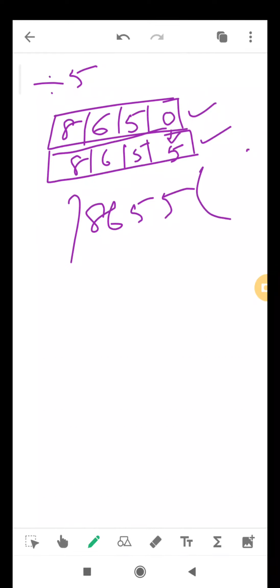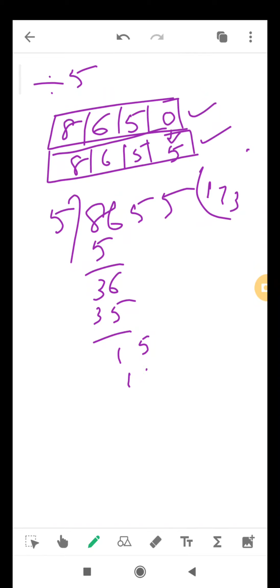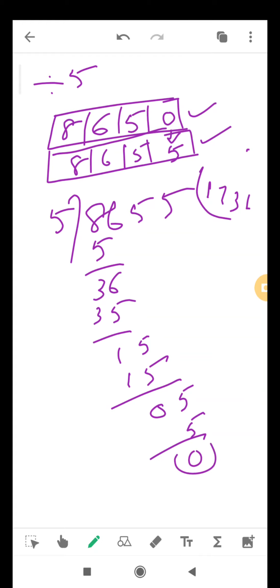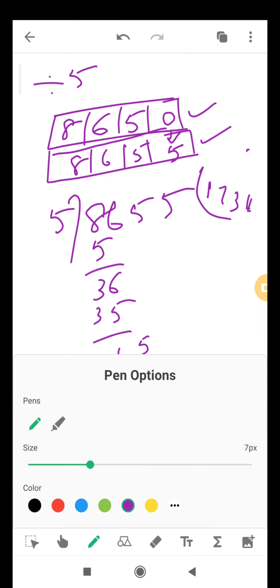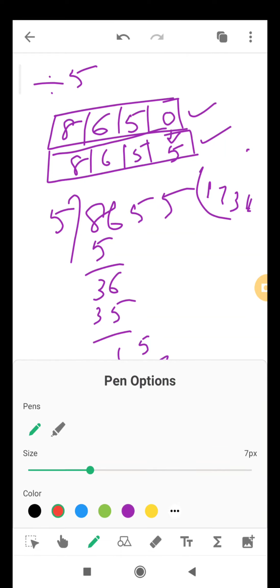Take this one and we'll divide with 5. 5 1s are 5, 3 remains 36, 5 7 the 35, 1 5 carry down, 5 3 is a 15, again 0, so therefore this 5 downside, 5 1 is a 5, so 0, therefore it is divisible by this is 1.